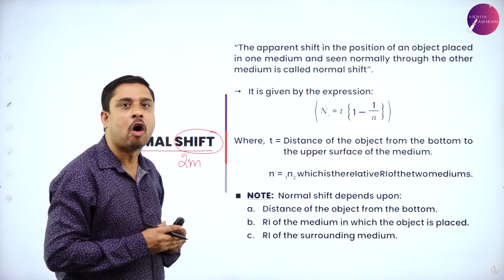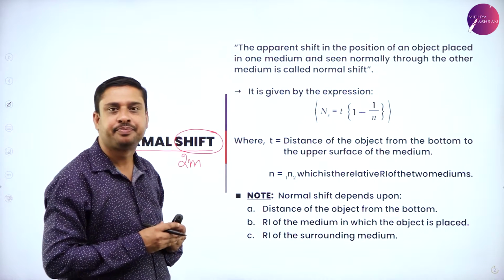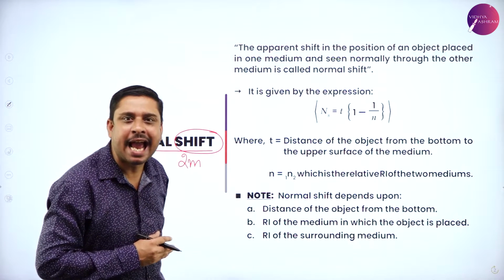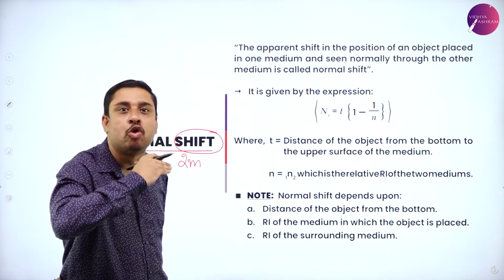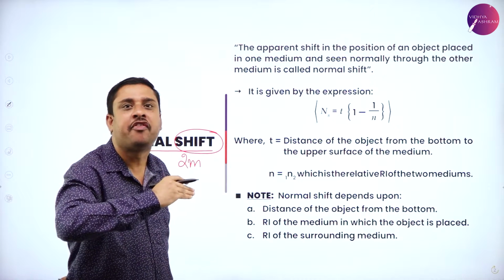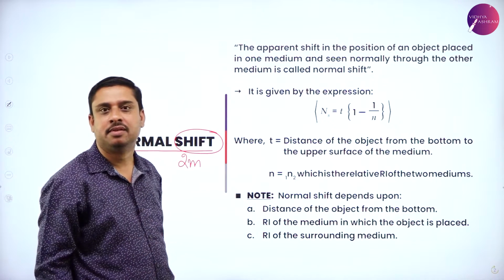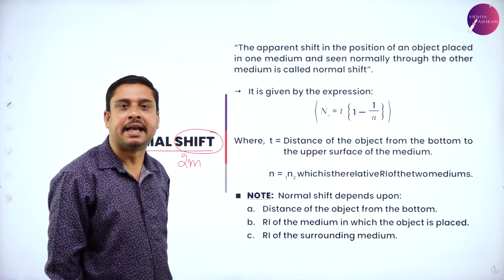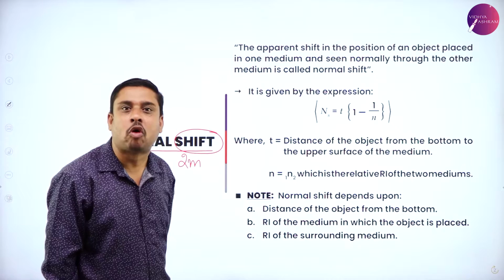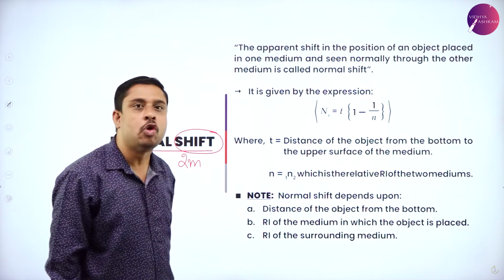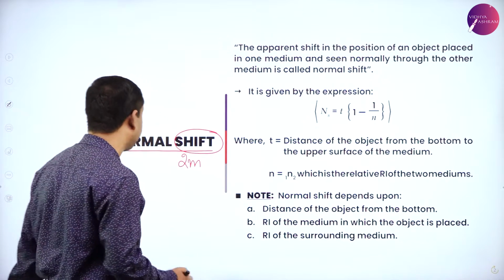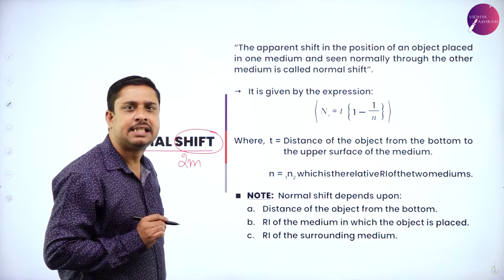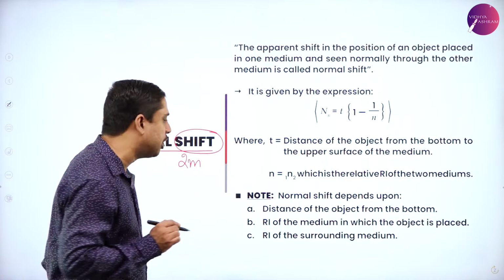When I talk about shift, I am referring to change in the position of an object. And here I am referring to something called as normal shift. Please do consider this example carefully.